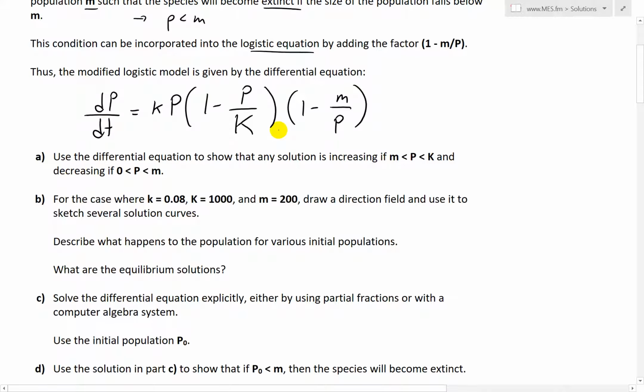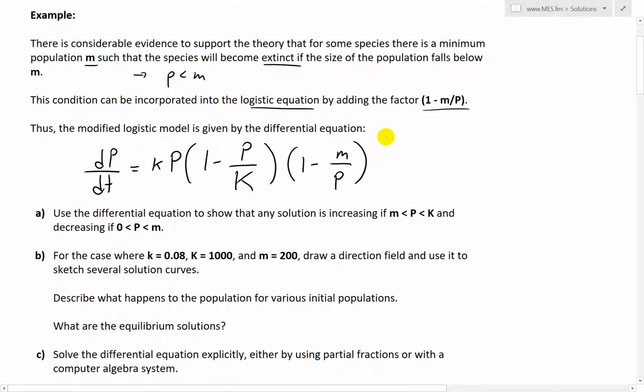The first part of this is the logistic model, and now we're just including this factor 1 minus M over P. The way this works is it incorporates extinction, because we know that P is less than M. So if P is less than M, then M over P is a number greater than 1, because a number divided by a smaller number is greater than 1.